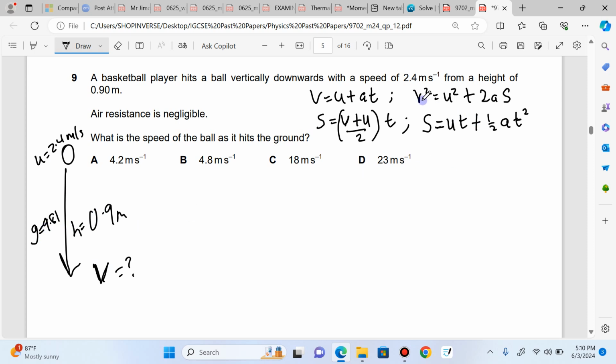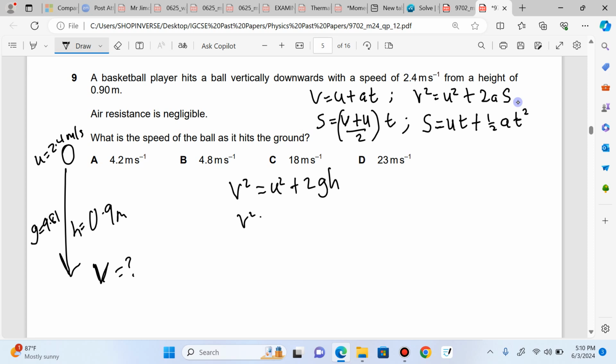It is the second one, v squared equals u squared plus 2as. So the modified one, motion under gravity, would be v squared equals u squared plus 2gh, okay, where g is the acceleration due to gravity and h is the vertical distance, which is the height.